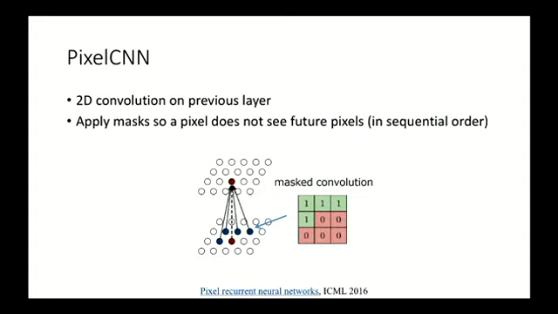And how we implement it is we just do a two-dimensional convolution on the previous layer, like how a normal convolutional structure does, and we add a mask to the convolution kernel, so that we don't see the future pixels. Yeah, and that is how we keep this sequential order the same as the pixel RNNs.